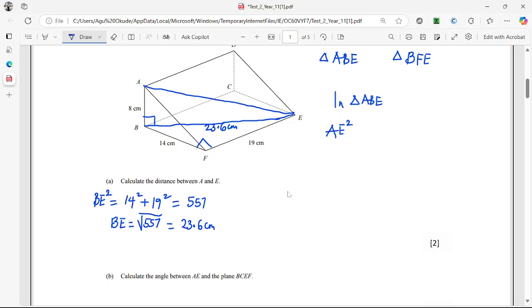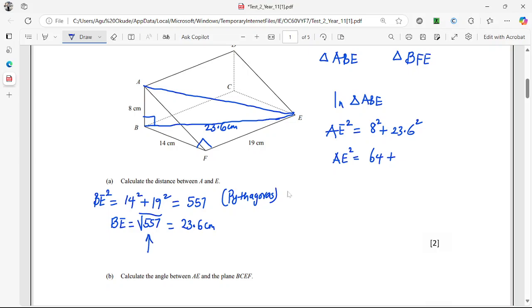So I have AE squared is equal to 8 squared plus 23.6 squared. So AE squared is 64 plus, when you square this 23.6, you should get this 557 here.